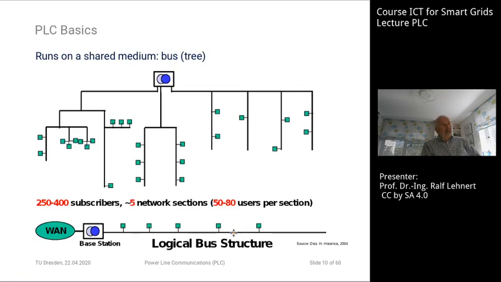Okay, how can we model a Powerline communications network? We consider only the access network, that is the network from the transformer, from the medium voltage to the low voltage network. This here is a symbol of the transformer. For communication purposes, this is also what we can call the base station.